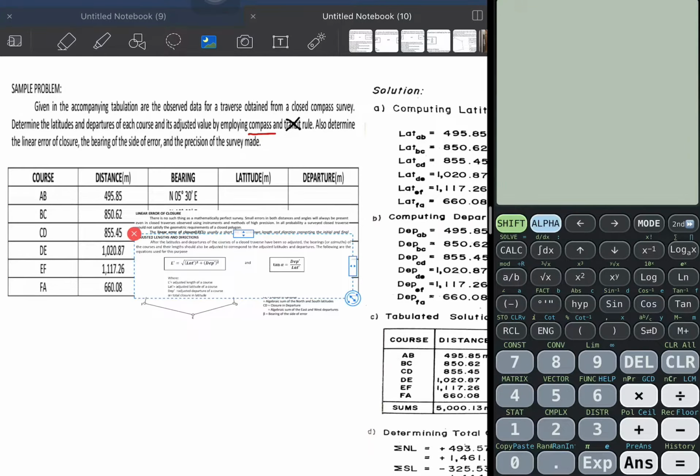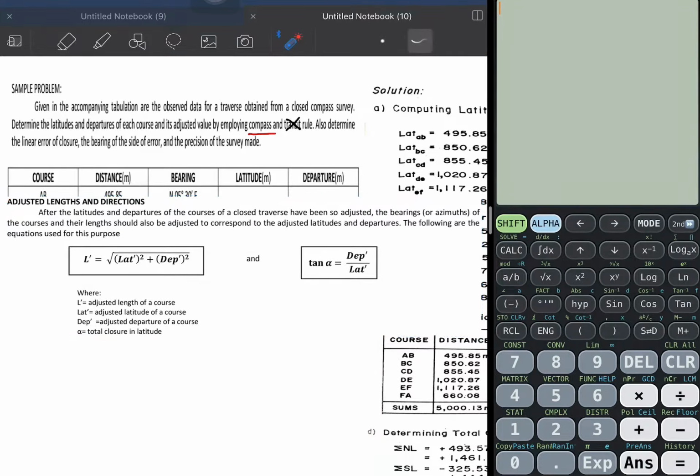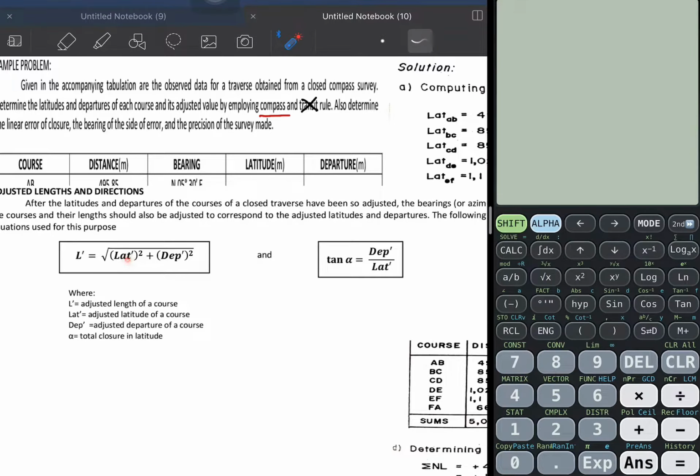And then if you have now the adjusted latitude and departure, you can have the adjusted length and directions of each lines. So when you have the adjusted, that is prime, or the latitude prime, and the departure prime, that is the adjusted latitude and departure of each lines. So the formula for the adjusted length, you have the square root of adjusted latitude squared plus the adjusted departure squared.